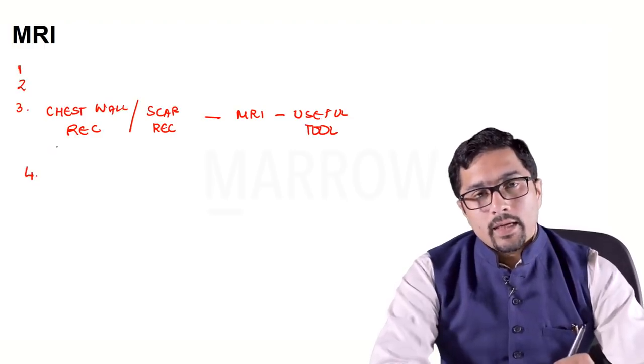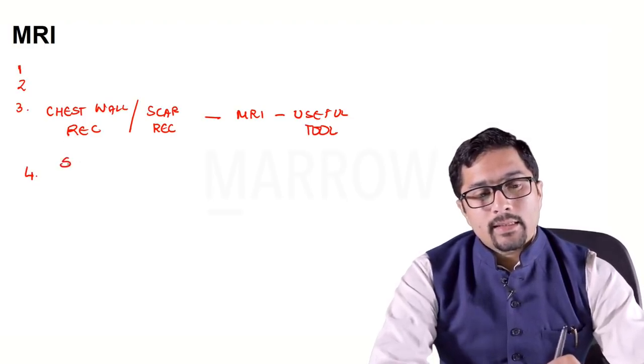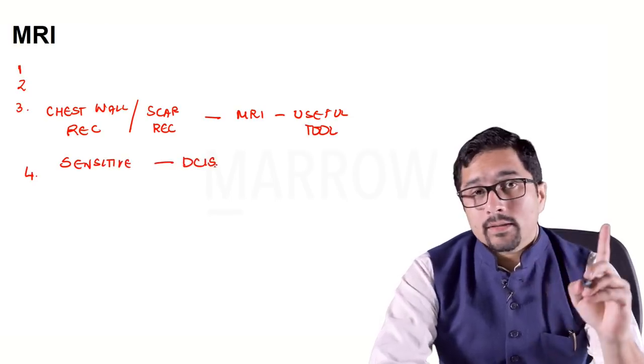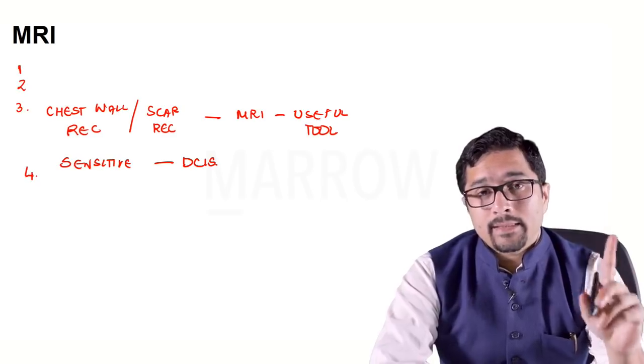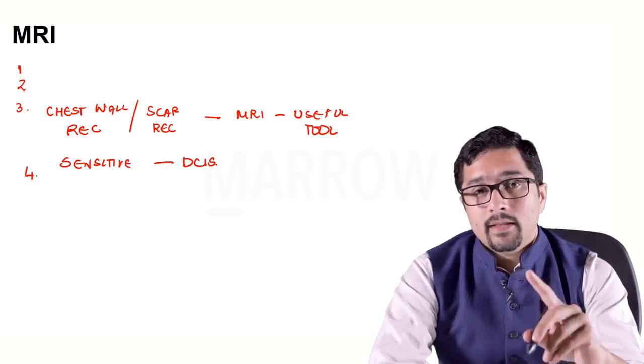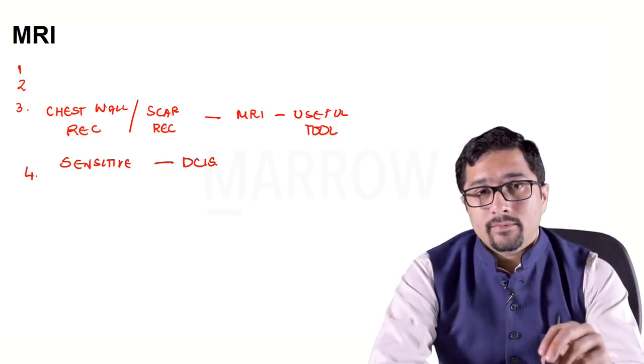The fourth indication is that it is a sensitive test for DCIS, right? I'm not saying this is the best test. I'm just saying it is a sensitive test for DCIS.